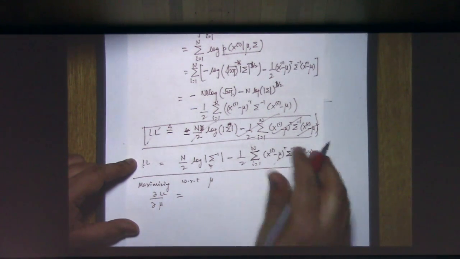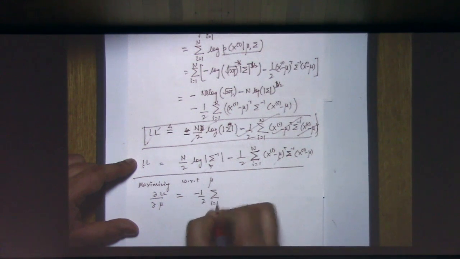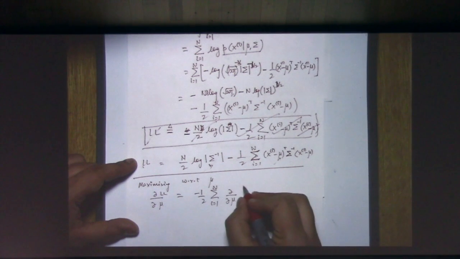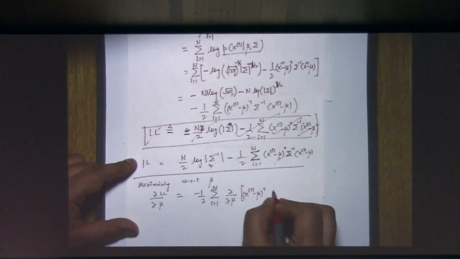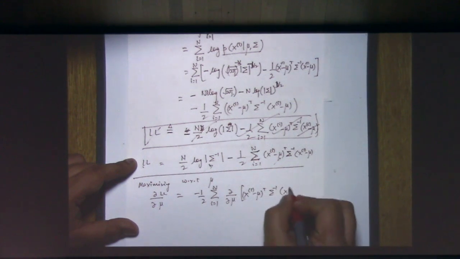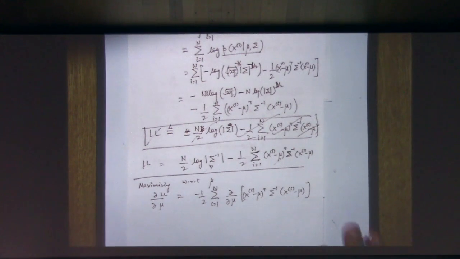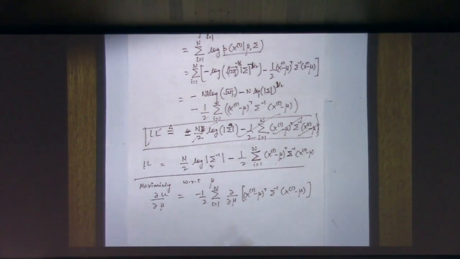This term will come out to minus half summation i equal to 1 through n, d by d mu of x of i minus mu transpose, minus mu.